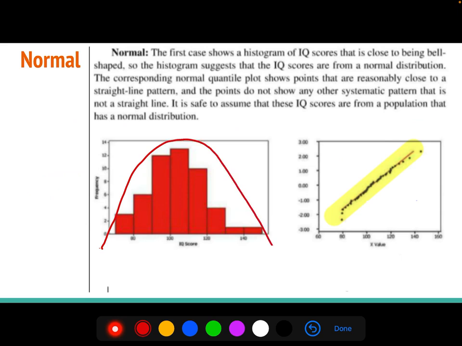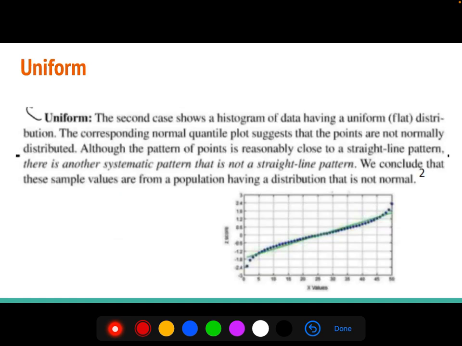All right, here is an approximately bell-shaped curve for your normal histogram. So this guy here, the histogram is normal. He checks out. This guy, look at this. It's mostly a line. There's a little bit of outlier, but not much. Mostly a straight line. So these are normal.